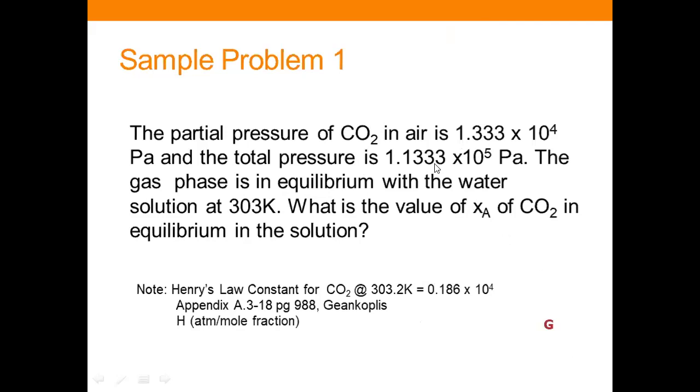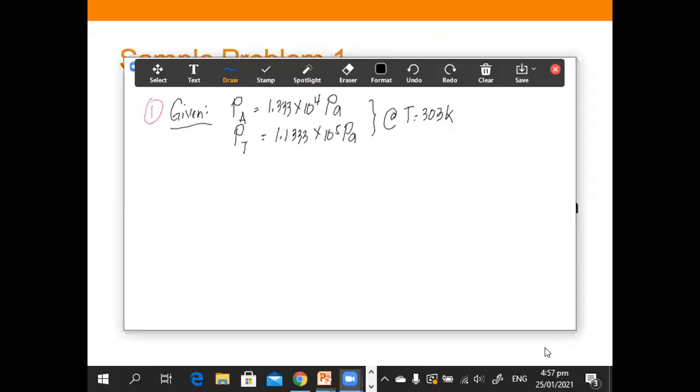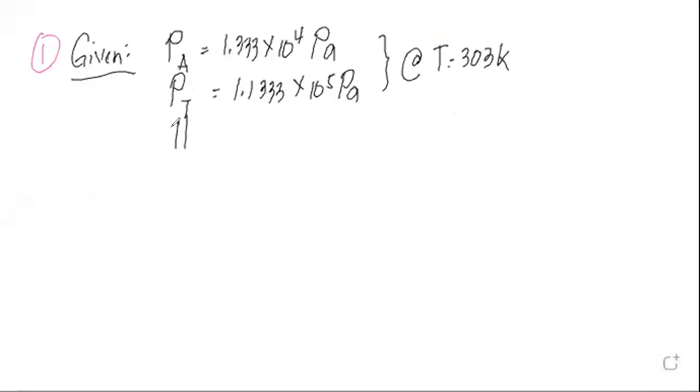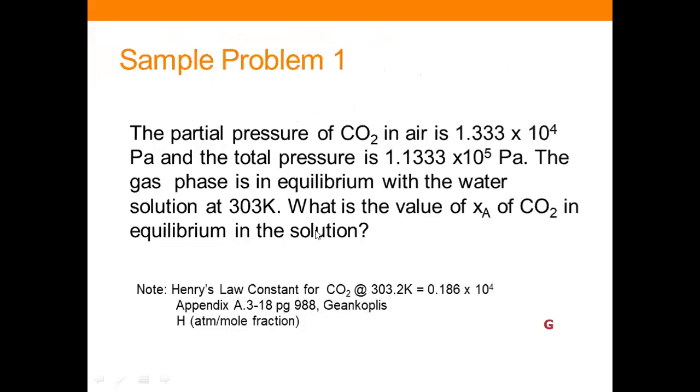So you have your Henry's constant, which is 0.186 times 10 raised to 4 atm per mole fraction. Take note, Henry's law is dependent on the temperature, so you need the temperature to be stated in the problem. That way you can get the Henry's constant.